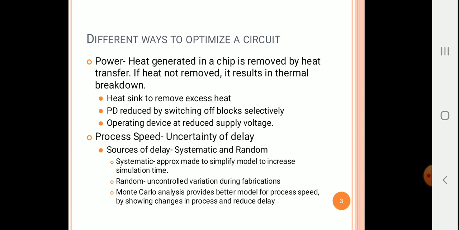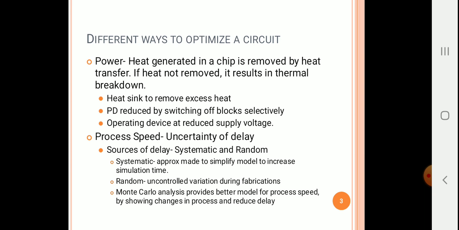Whereas a random type of delay mainly happens during fabrication, that is, after the design steps. These delays cannot be predicted, and how much delay they will incur to the circuit is unstable.